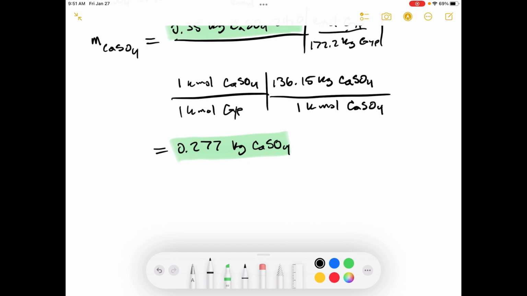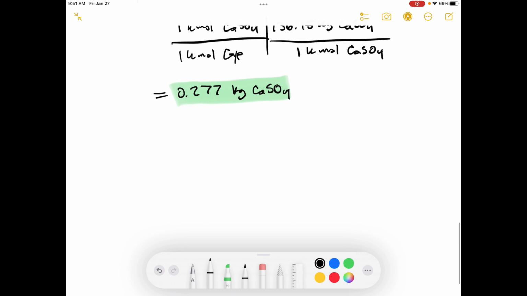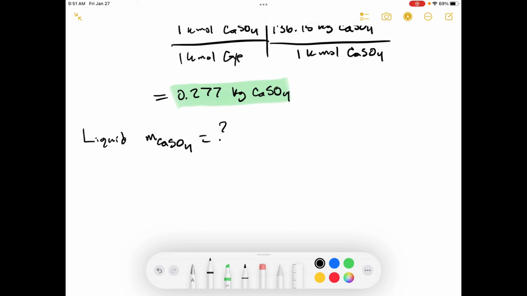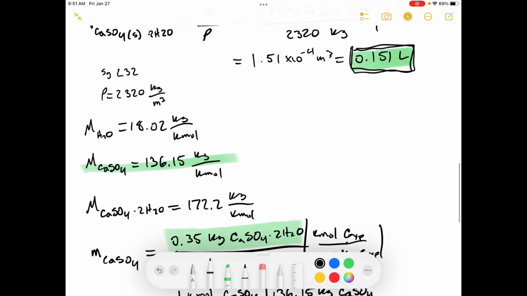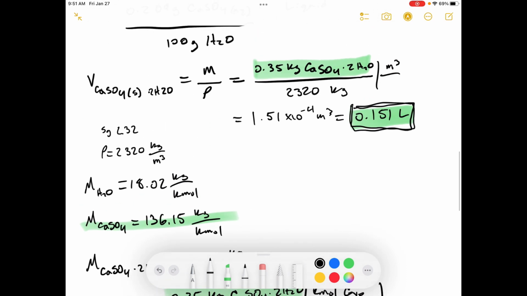Finally, it says, calculate the mass of calcium sulfate in the liquid solution. So in the liquid solution, first we need to know how much volume of liquid solution we have. We do know how much volume we started with, which was 1 liter, and some of that volume was solids, which was 0.151 liters.